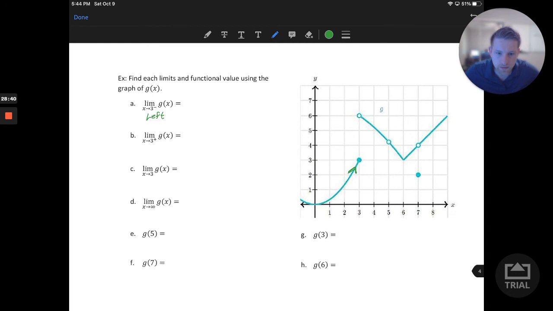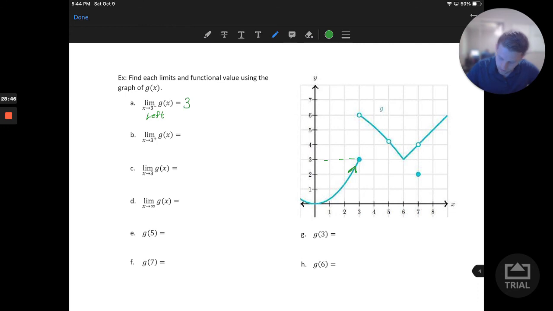We are approaching that filled in circle at the height of 3. If we go from the right with 3 plus, the limit as x approaches 3 from the right of our g of x function here, we would say that we're approaching this hole in our graph where we jump down, and that's at the height of 6.